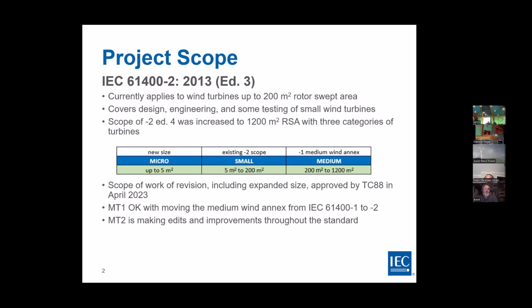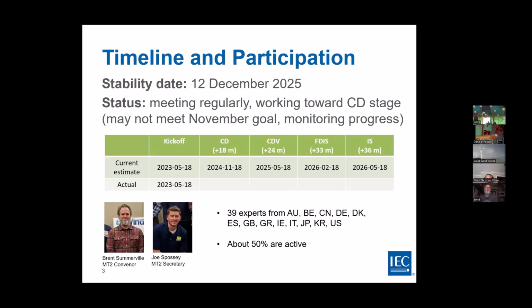MT1, the maintenance team for the -1 standard, was okay with us taking the medium wind folks into ours. And we've been meeting regularly with a target of reaching the committee draft or CD stage in November of this year.